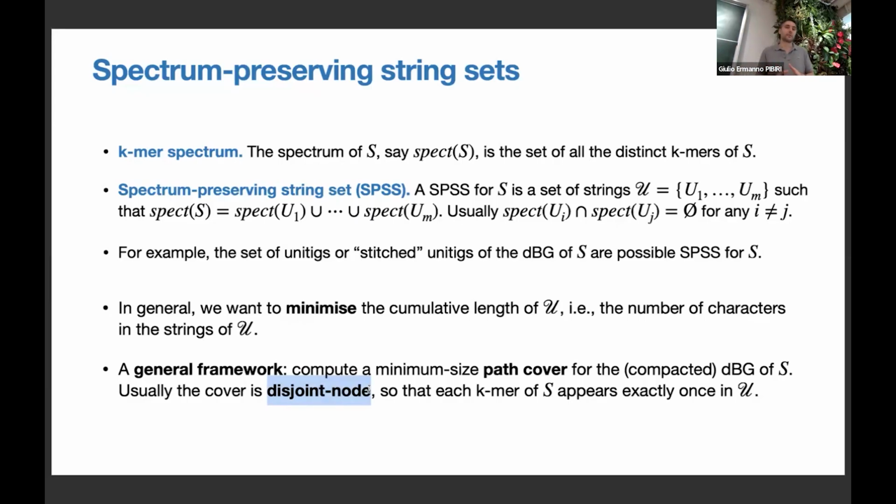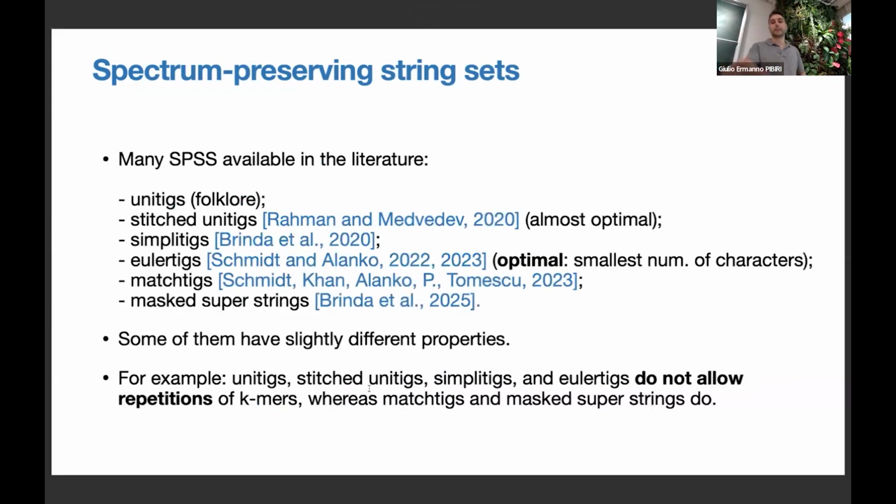And if your path cover is also disjoint node, you have this property that each k-mer appears only once, okay, which is something that we really would like to have in order to avoid redundancy as much as possible.